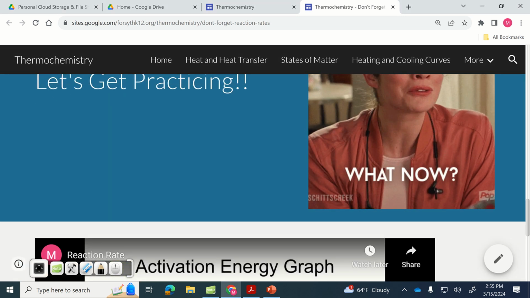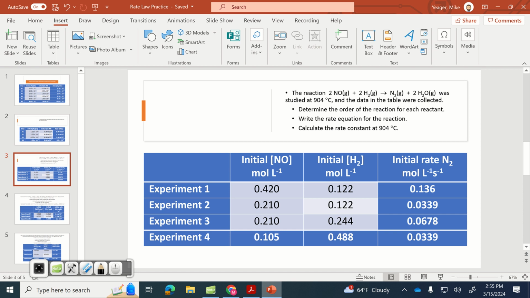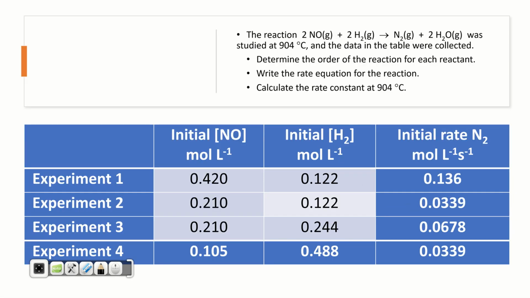Here we go, jumping straight to some examples. This is a good question to start with. One thing to note: we are given this reaction at the top, but the coefficients don't really mean anything this time.